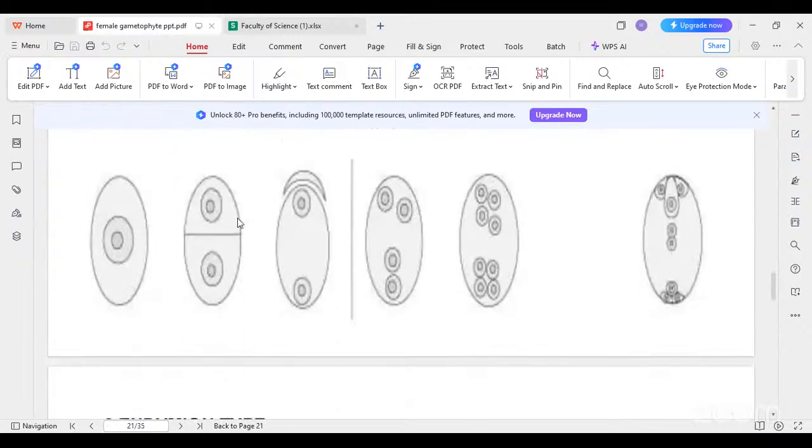See, these are the divisions. After the divisions, the cells are 4, 8, 3 plus 2 plus 3. Total 3 plus 3, 6, 7: an 8-nucleate, 7-cell structure.